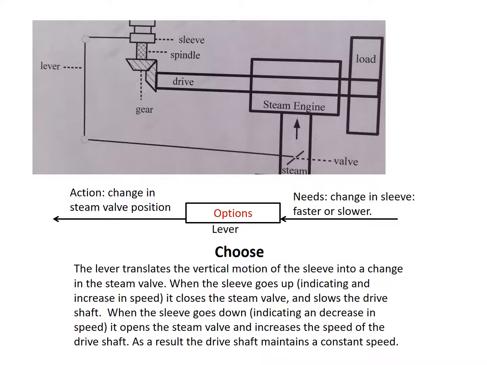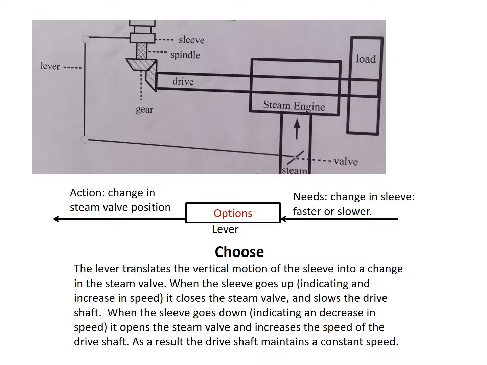When the sleeve goes up, indicating an increase in speed, it closes the steam valve and slows the drive shaft. When the sleeve goes down, indicating a decrease in speed, it opens the steam valve and increases the speed of the drive shaft. As a result, the drive shaft maintains a constant speed.